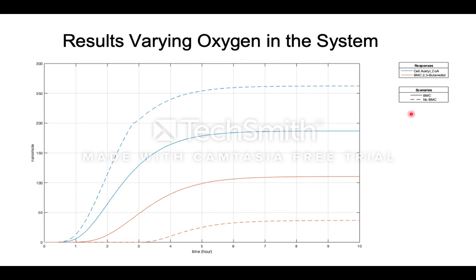Now, with the addition of BMCs, what we see here actually is a drastic increase of titer levels of BTD. This is over the course of 10 hours. I'm going to use nanomole here just as an arbitrary unit with rate.